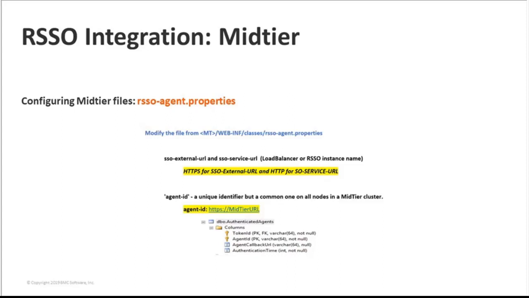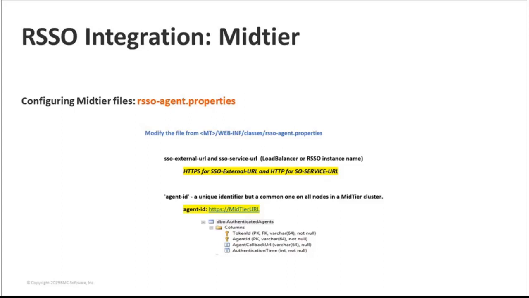The purpose of agent ID is that, for a particular browser session, if there are multiple agent applications logged in using the same Remedy SSO user session, Remedy SSO knows which agents are currently logged in at a particular time. So that if a user logs out from Midtier, it doesn't terminate the session of the Remedy SSO, because the other applications are still logged into that same browser session.